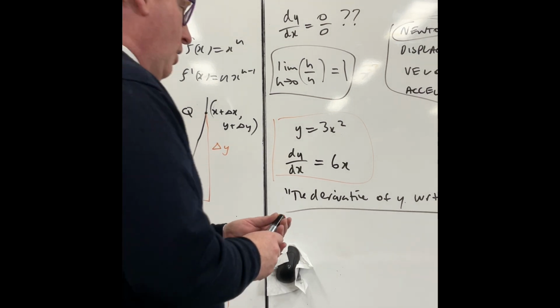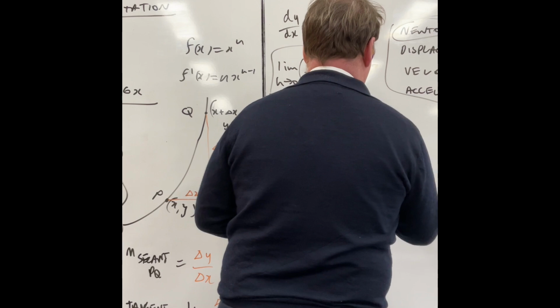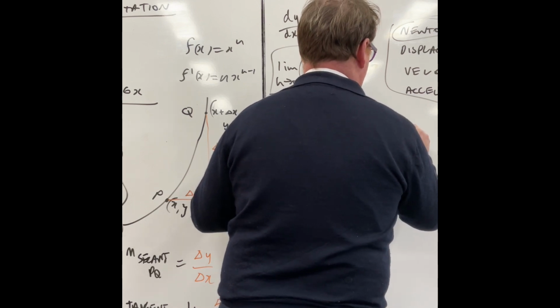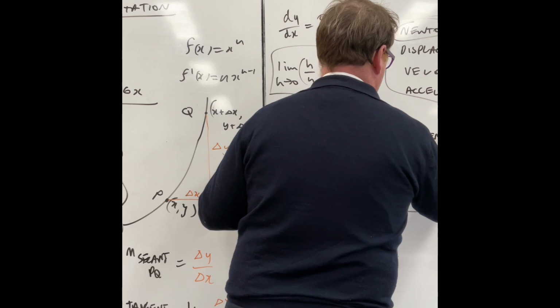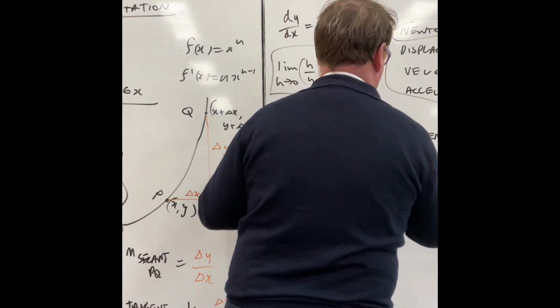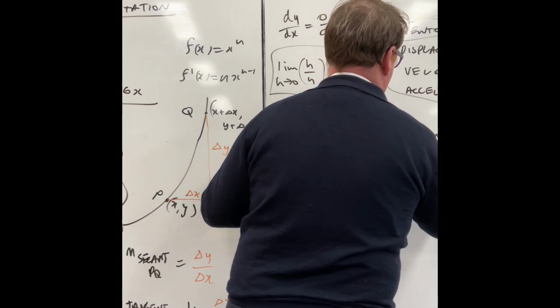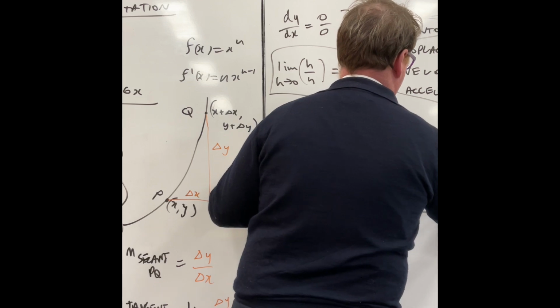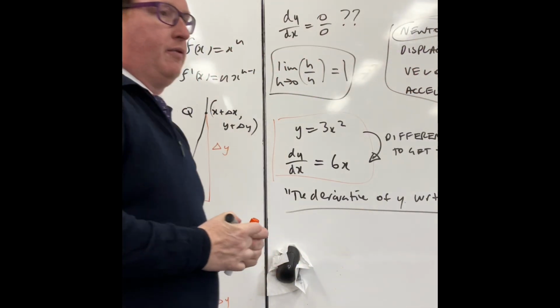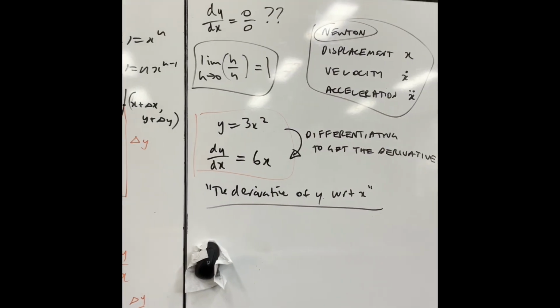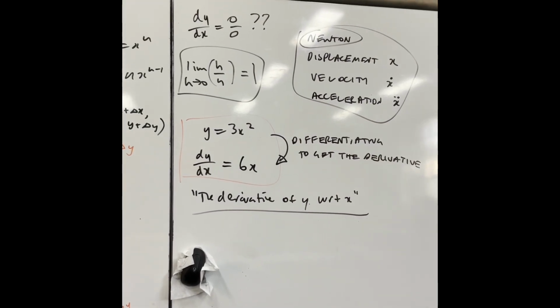Another thing I want to kick out of your minds is that I am differentiating to get the derivative. The process of obtaining a derivative is called differentiating. I'm differentiating to get the derivative.